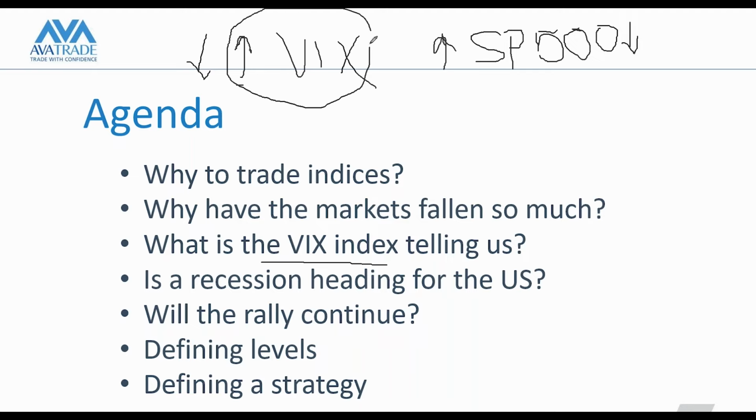It was a risk off day over in the United States. And as a result, we did see the VIX index moving to the upside and the S&P 500 index moving to the downside.